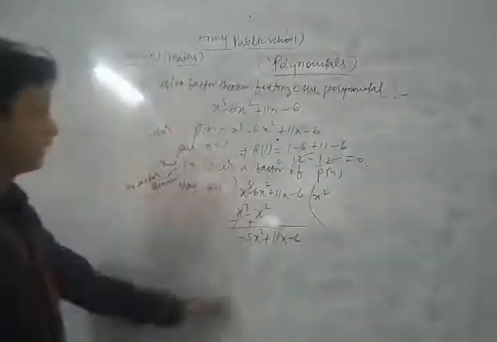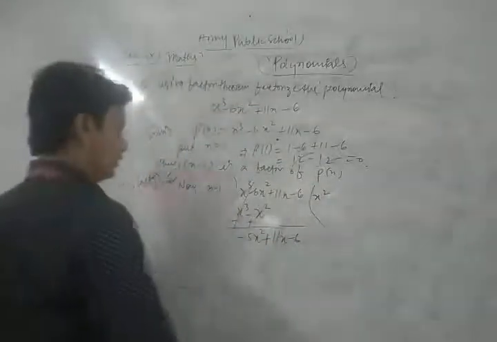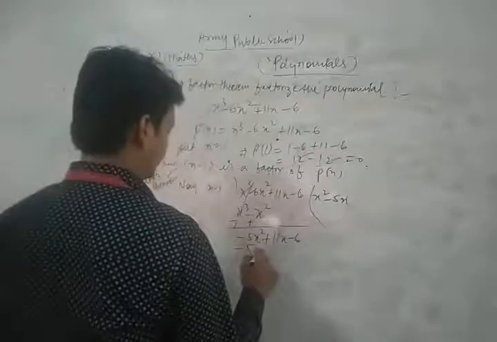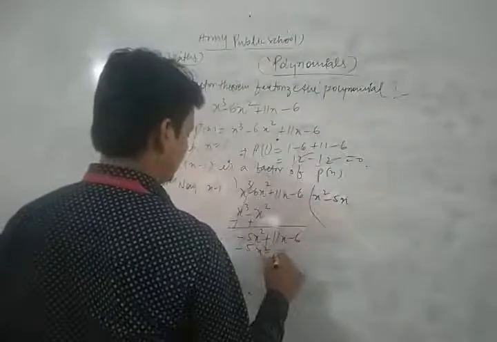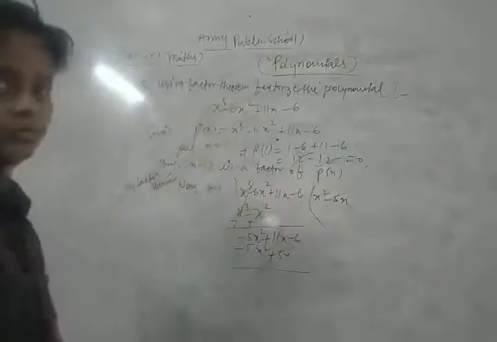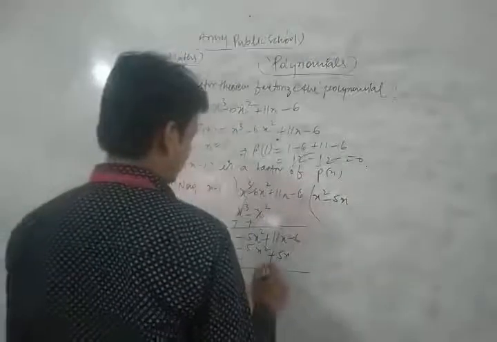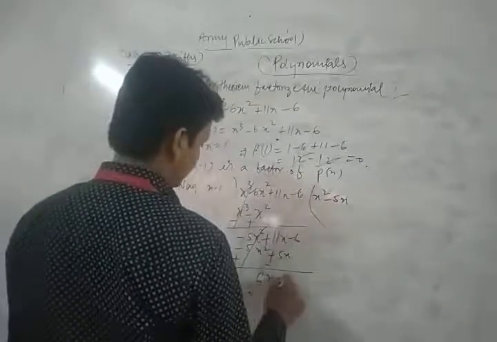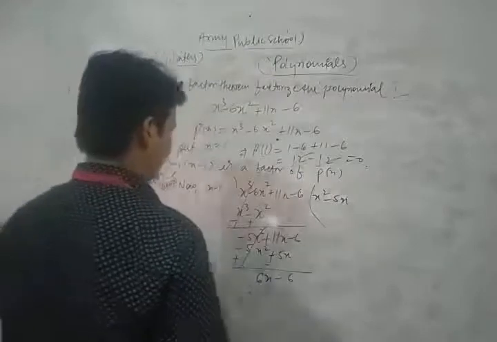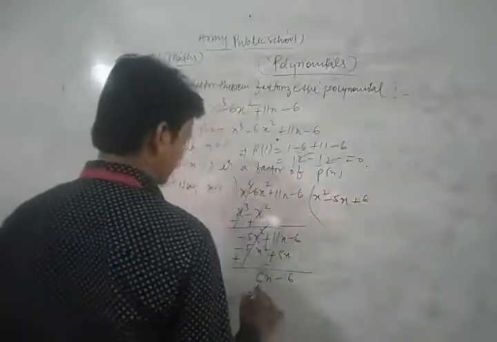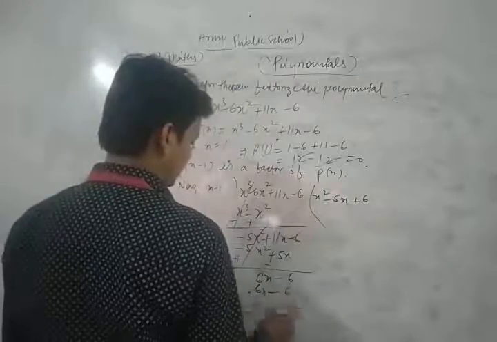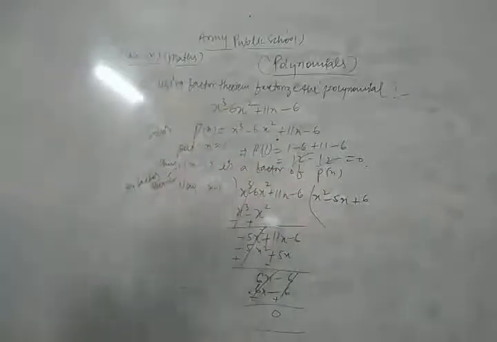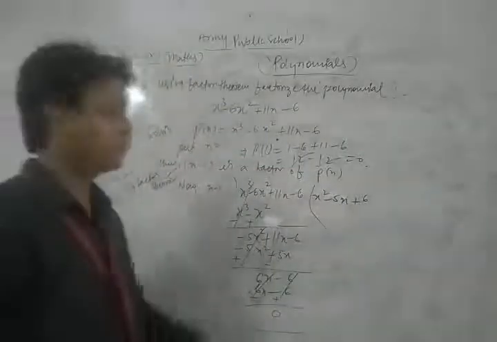Then minus 5x times x minus 1 is minus 5x square plus 5x; subtracting, we get 6x minus 6. Then plus 6 times x minus 1 is 6x minus 6, and the remainder is equal to 0. Thus, dear student, in this way we just factorize.